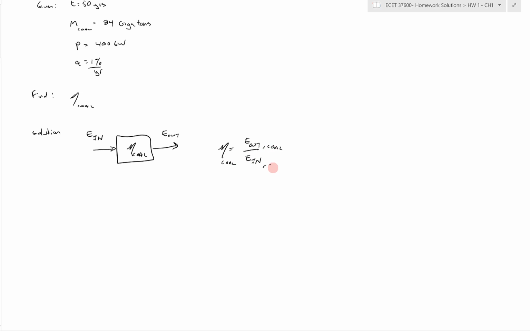Just a reminder that it's for coal. So we need to calculate both the output energy of the coal plant total over the 50-year period, and the input energy of all the coal that was burnt by the plant over the 50-year period. So I'm going to handle the top of that fraction first.